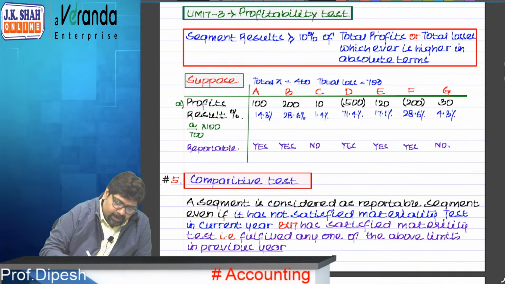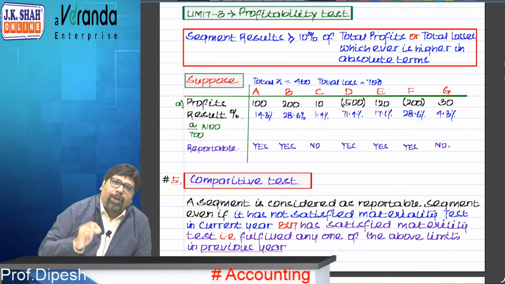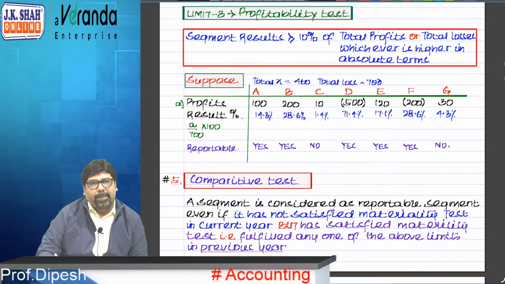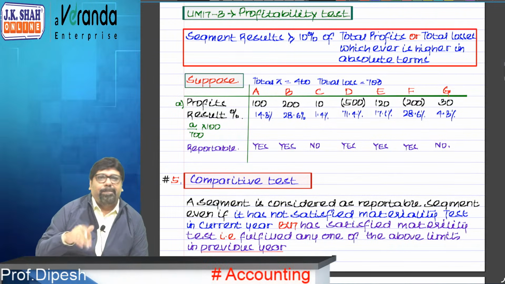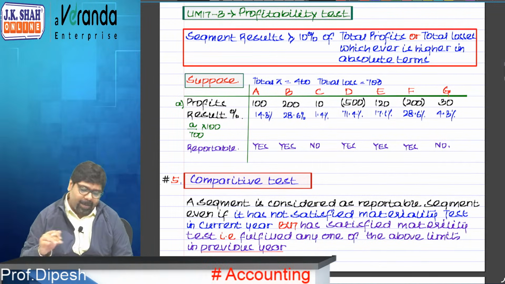The losses, 500 plus 200, is how much? 700. Of 460 and 700, whichever is higher, 700. Any segment whose profit or loss is greater than 10% of 700 is reportable. 10% of 700 is 70. Whether your profit is more than 70 or your loss is more than 70, you are reportable.